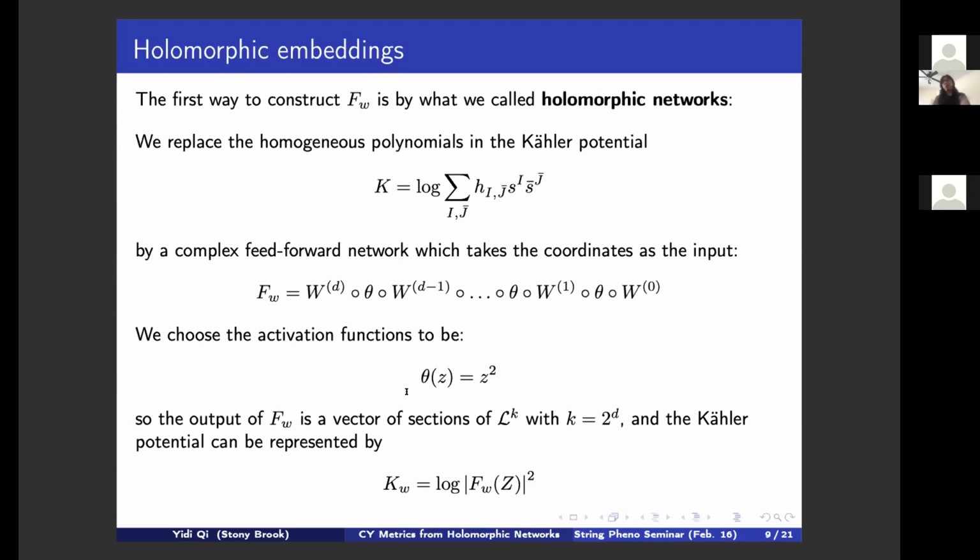If you have a 3-layer network, it's equivalent to a k equal to 8 setting in the embedding method. Once you have the output of your network, you can multiply that by the complex conjugate, and then your Kähler potential is going to be like this.